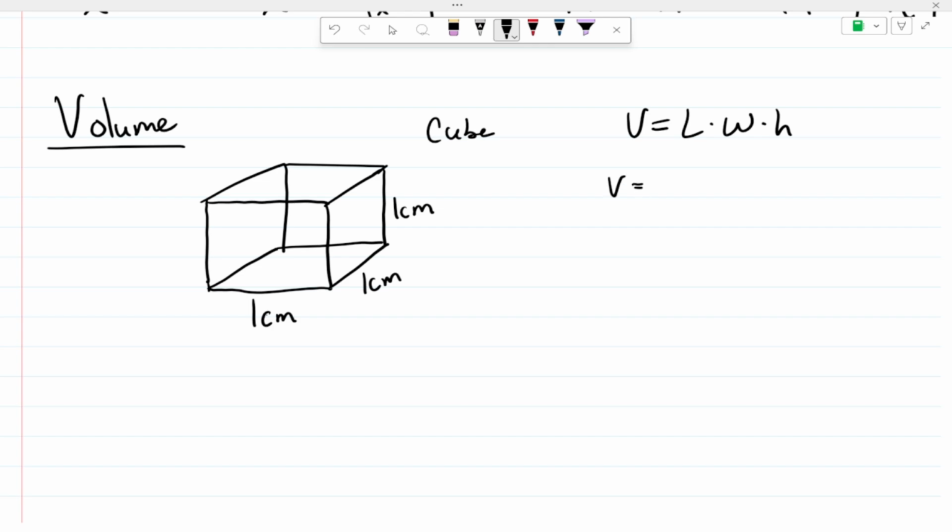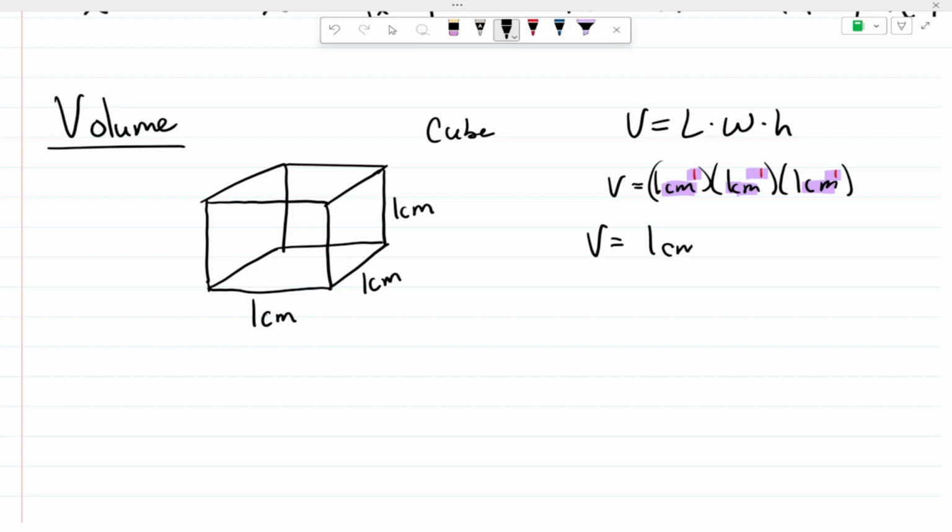So this is going to be 1 centimeter times 1 centimeter times 1 centimeter. We know 1 times 1 times 1 is 1. However, centimeter, just like when I was talking about the units for area, is centimeters raised to that first power. So when the bases are the same, you add all the exponents together.